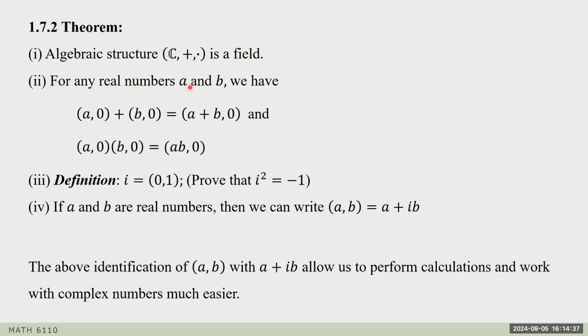Now what we want to observe is that for any real numbers a and b, if we have 0 in the second component, so the complex number, you could think of it as an ordered pair, a comma b or x comma y, what happens if I set all of the second components to be 0, and I follow the addition and the multiplication given before?